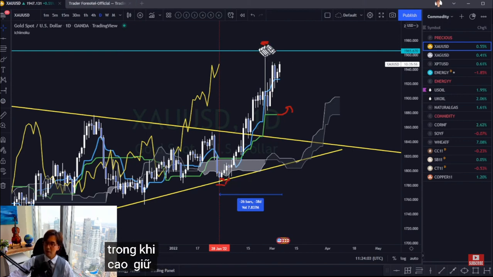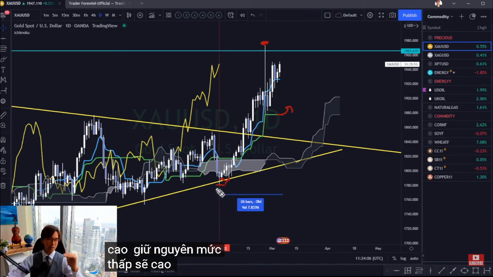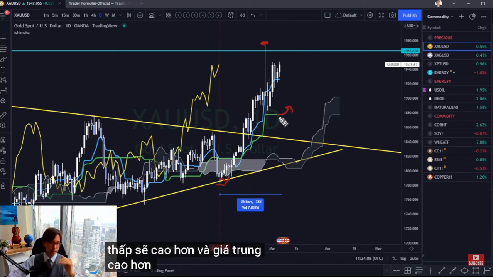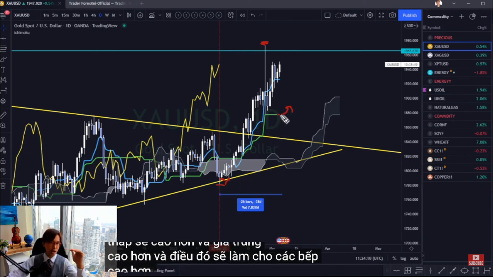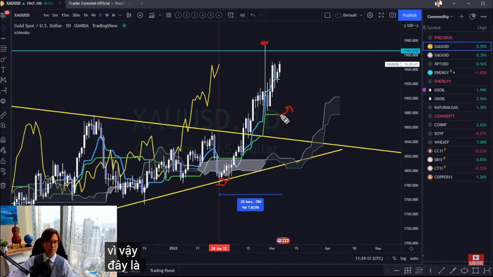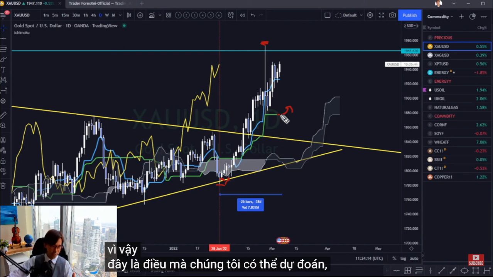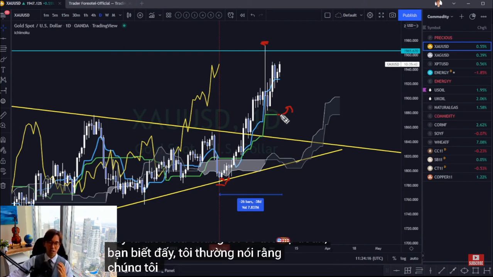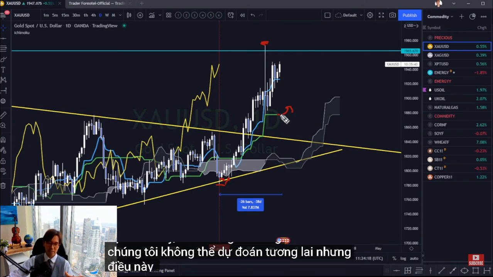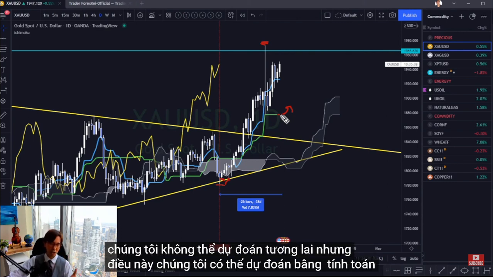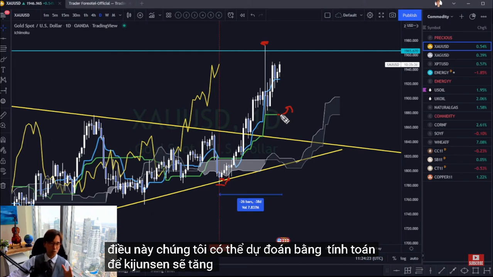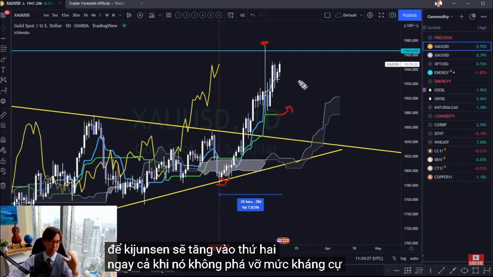While the high remains the same level, the low gets higher and the mid price gets higher, and that will make the Kijun-sen higher. So this is something that we can predict. I usually say we can't predict the future, but this we can predict by the calculation. So Kijun-sen will move up on Monday, even if it doesn't break the resistance.